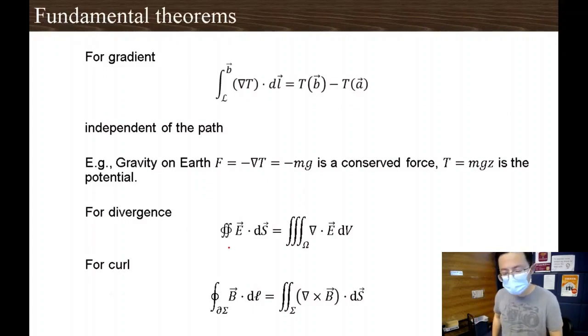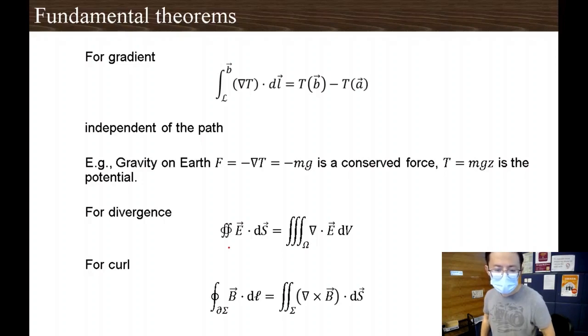Now, I told you before that for a force that's conservative, the work is only dependent on the two endpoints. And if you look at the gradient of a scalar, that's also the same.